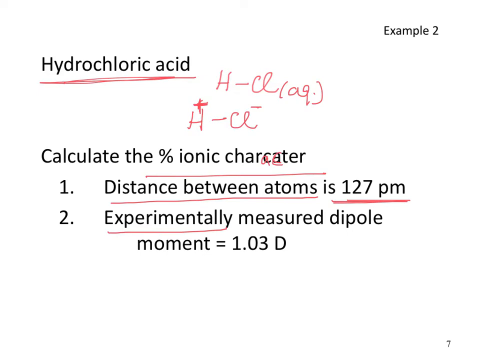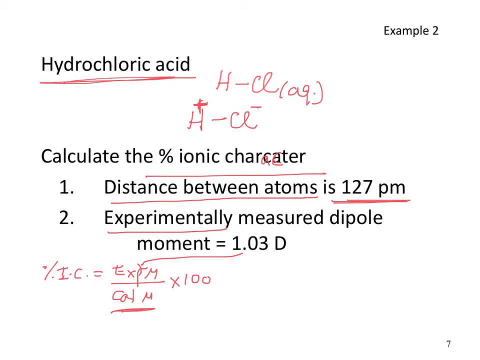Recall from the previous slide, I said that the percentage ionic character is equal to experimental mu divided by calculated mu times 100. This experimental value is given to be 1.03 dBi. If I am able to determine the calculated value, I would be able to determine the percentage ionic character.